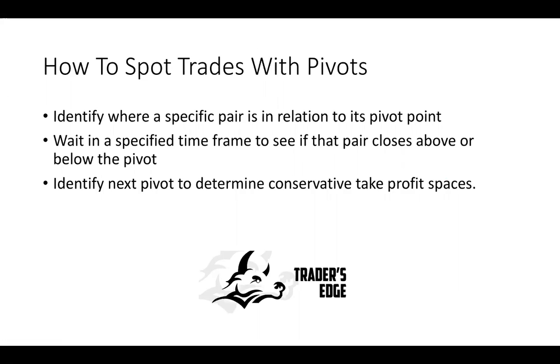Kind of to go over verbally how we spot trades with pivot points. Normally I just identify a specific pair, like say USD NOK, for example, and I say, okay, where's this pivot point? And I use that with my indicator. Let's say I'm trading on the hour USD NOK, and that hour candle closes below that pivot point.